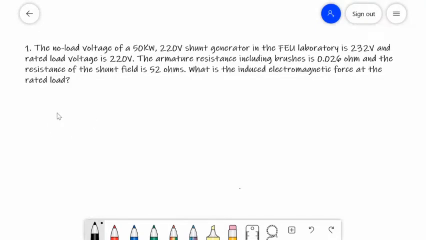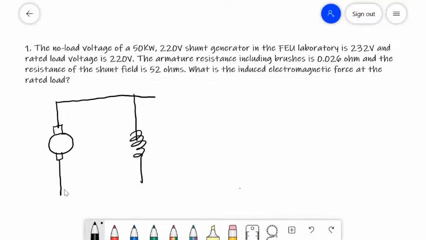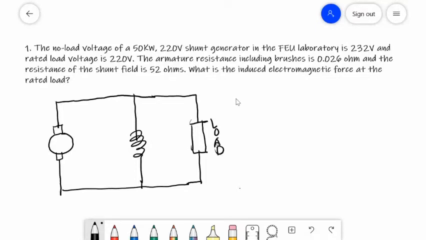This is the circuit diagram of a shunt generator. So these are the brushes. And field or shunt resistance and your load. Terminal voltage VT across the load.